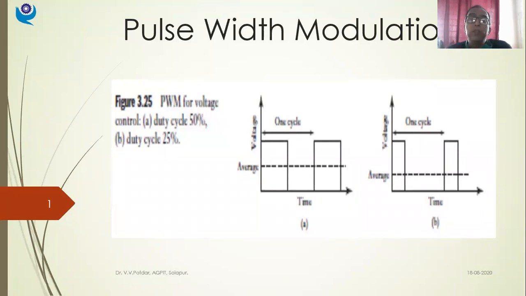So in pulse width modulation, as I said, I have a continuously varying input signal which I am receiving from the transducer, continuously increasing with respect to time. That is the analog signal that I am getting at the input of my pulse width modulator. Once again, I chop down that voltage in the form of a series of pulses.